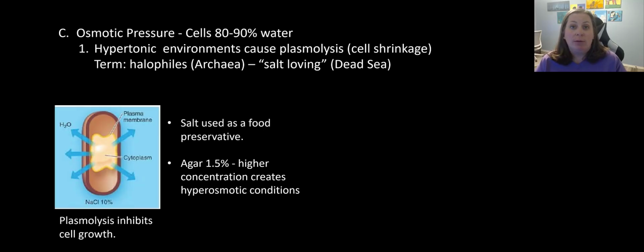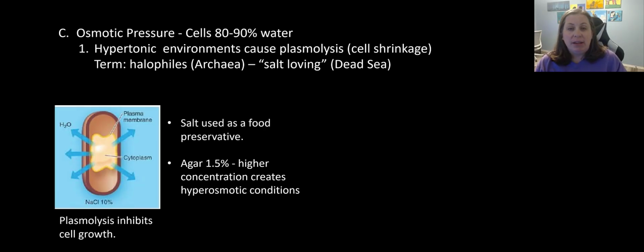If you'll recall, when we were talking about cells in the Unit 1 videos, we saw that there were hypertonic solutions, hypotonic solutions, and isotonic solutions. Well, hypertonic environments or solutions are going to cause a lot of these cells to undergo plasmolysis, meaning cell shrinkage. The water is going to move out of the cells, causing them to shrivel up and shrink.